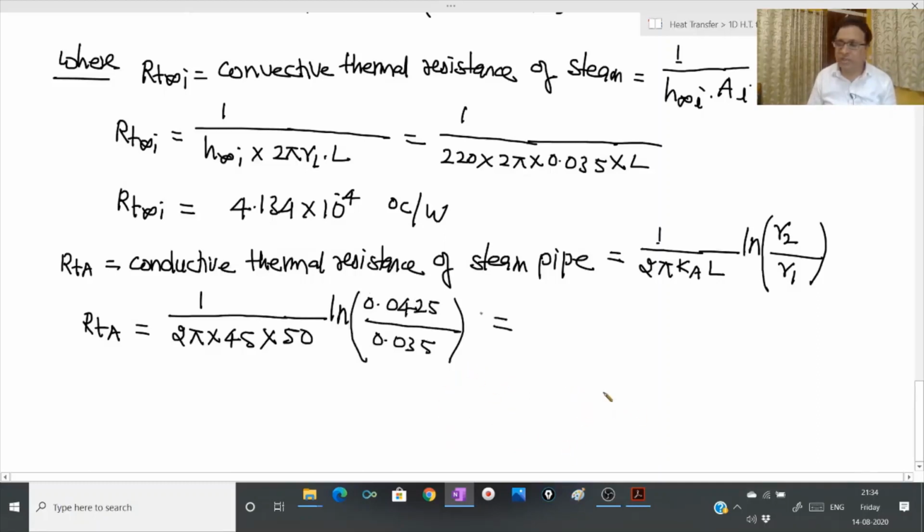After calculating, this value comes out 1.373 into 10 to the power minus 3 degrees Celsius per watt.